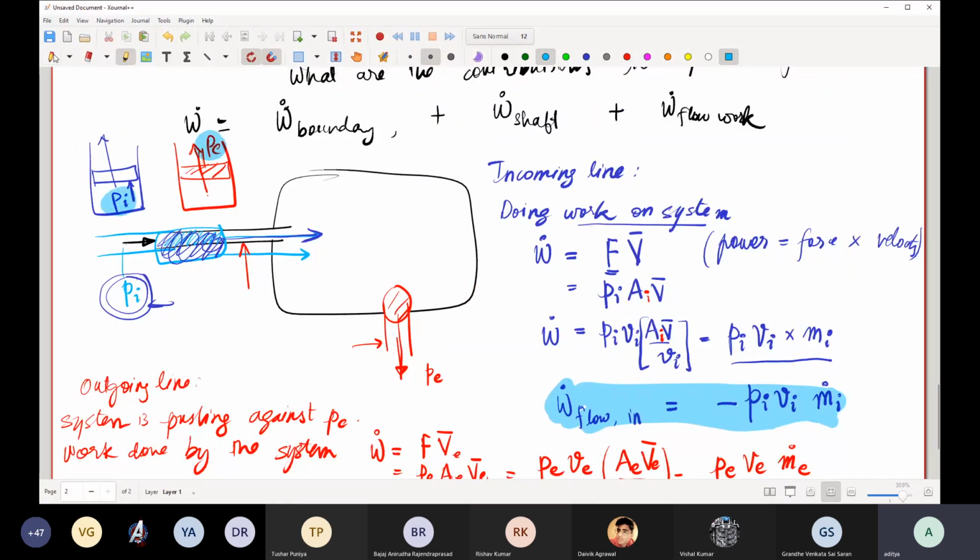But remember, even at this point, I will assume quasi-steady. Even if the system pressure is something different, when the fluid is just trying to go out, the pressure over here will be just close to PE. The pressure over here will be just close to PI at the boundary.